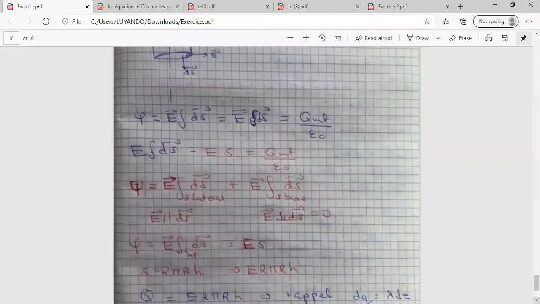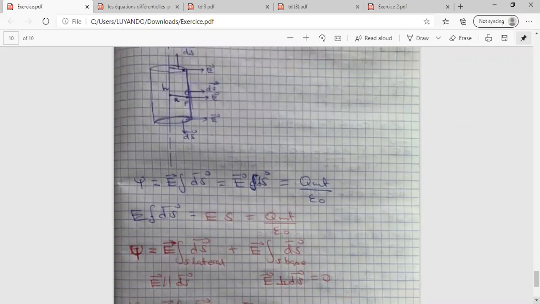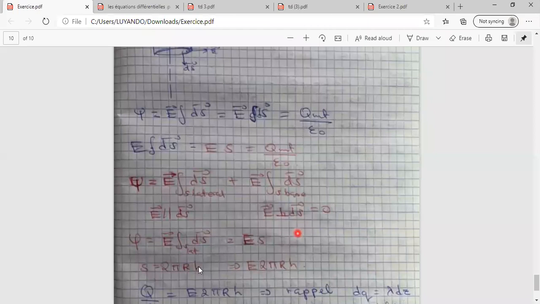Because the bases are going to give us 0, since they meet each other at 90 degrees, we're going to have flux is equal to E integral of dS lateral, which is equal to ES. And then our S is the surface area. So our volume is equal to pi r squared h, and our surface area is going to be the derivative of that.